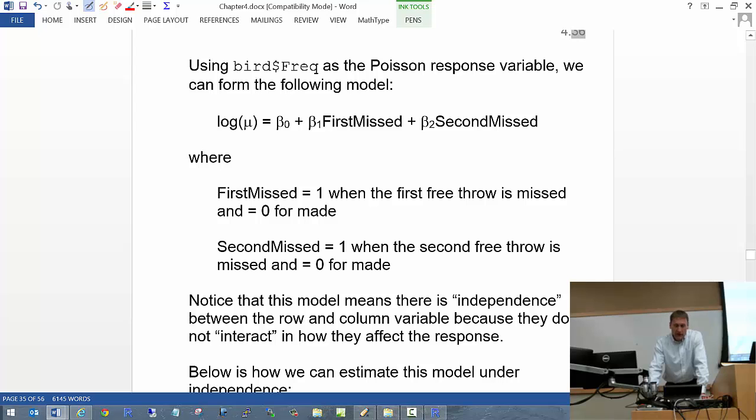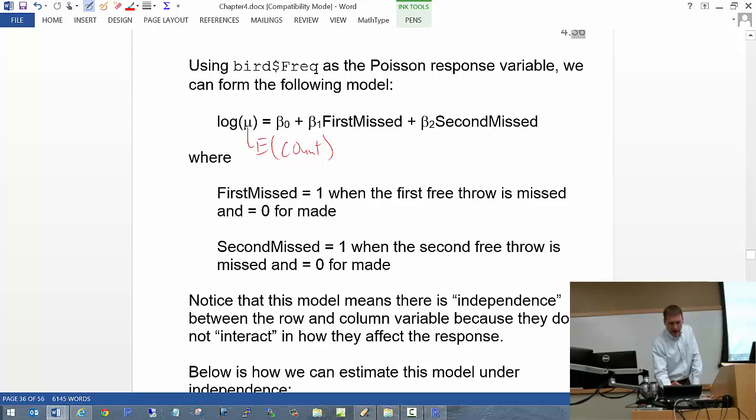This is the first model that we're going to fit to this data. Mu here is the expected count for a cell of that contingency table. We're going to say log of mu is equal to our intercept term plus beta 1 times an indicator variable representing the row variable, first, plus beta 2 times the indicator variable for the column variable, second.